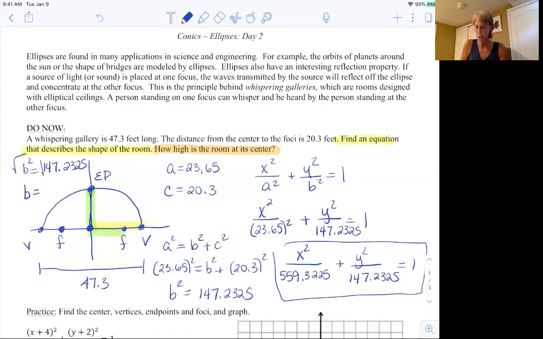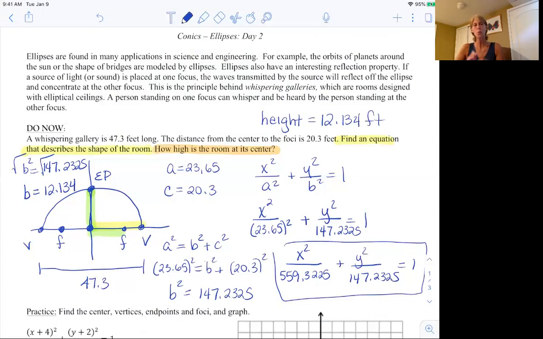I'm just going to take the square root of that. The height of the room, sorry, I didn't give you enough space, is going to be 12.134 feet.